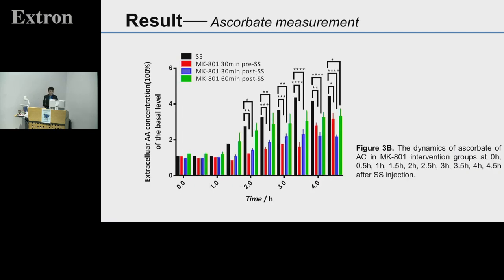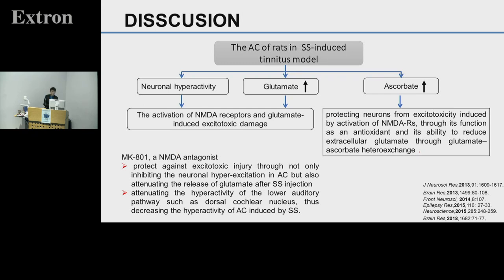So let's go to our discussion. We can see that in the auditory cortex of rats with salicylate-induced tinnitus, the neural activity is increased, and the glutamate is also increased, which tells us about the activation of NMDA receptors and glutamate-induced excitotoxic damage. As for ascorbate, it is also increased, because it is an antioxidant and also a neuromodulator, so we can say it is playing some role.